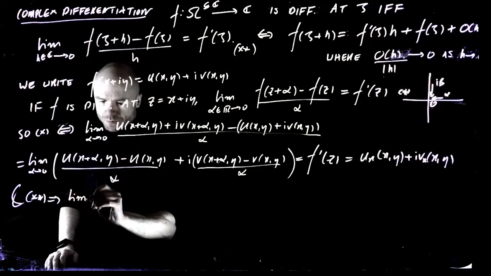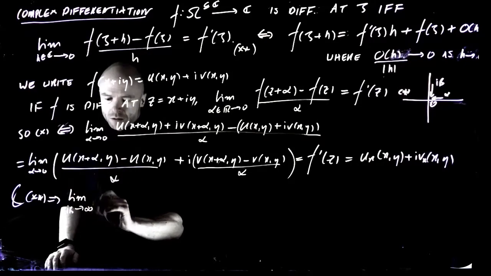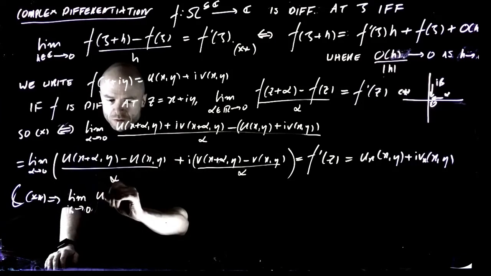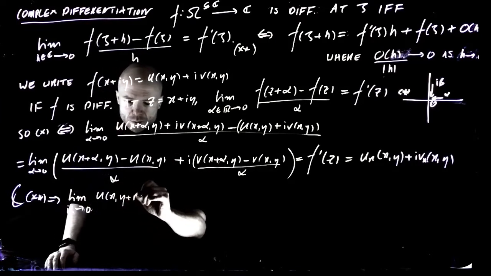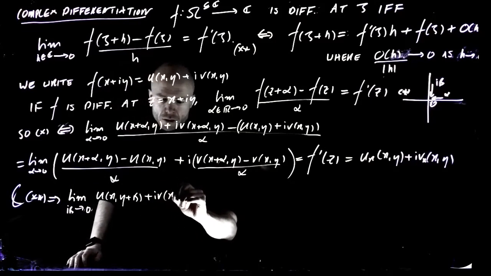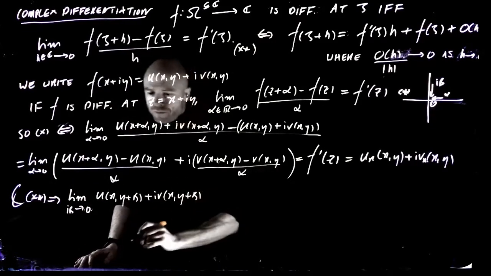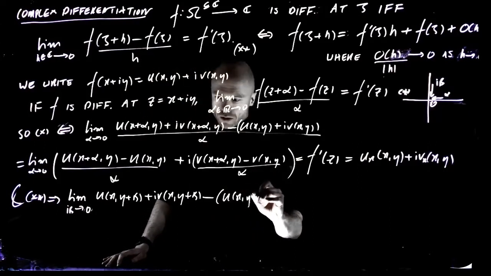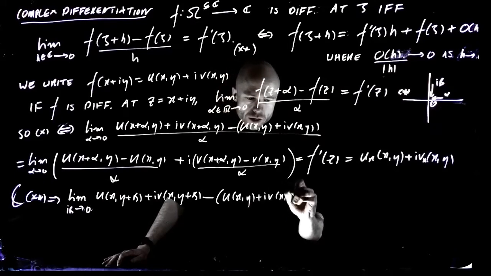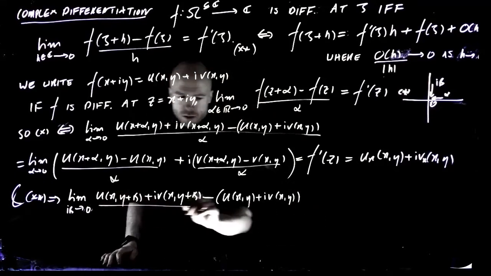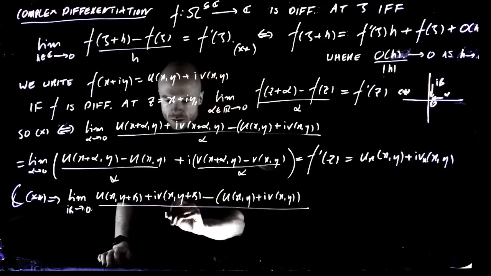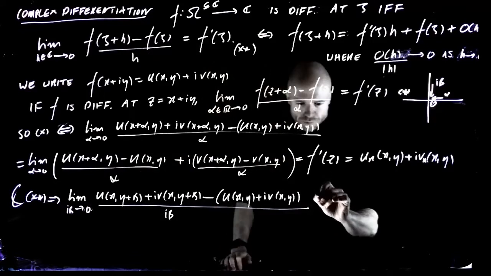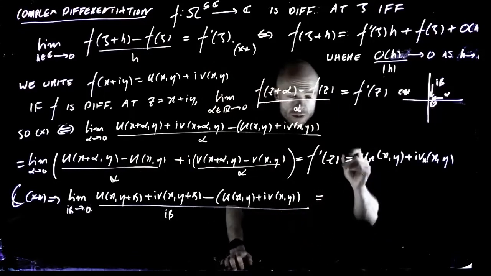So we have the limit as i beta goes to 0, right? And then what we're going to have is u of x, y plus beta, plus i v of x, y plus beta, and then minus u of x, y plus i v of x, y, like this over i beta, yeah? And then same thing, we break it up like this. And then what are we going to have?